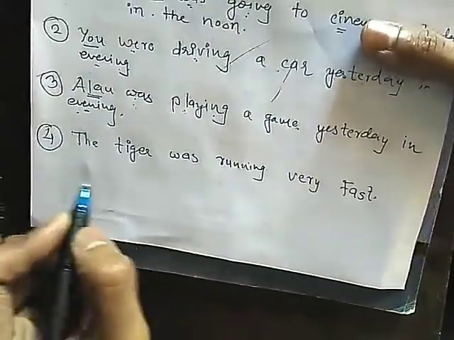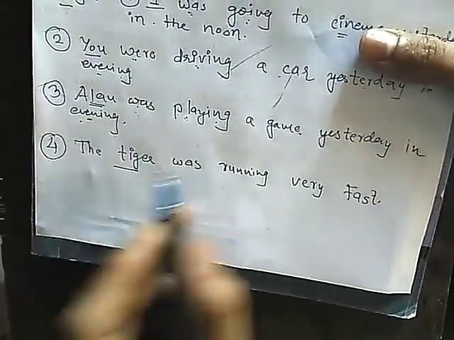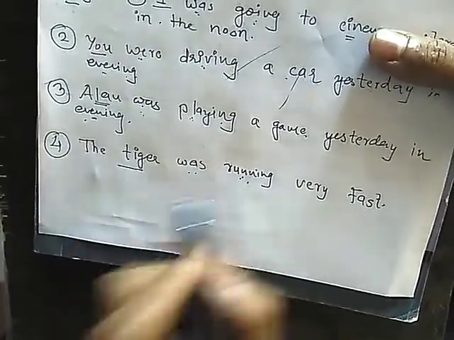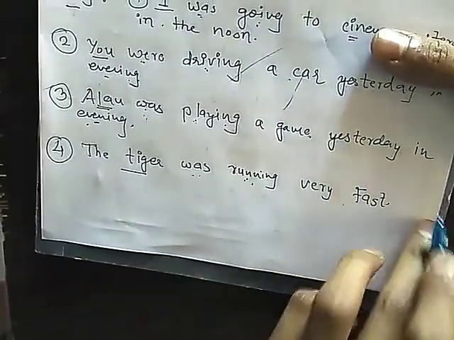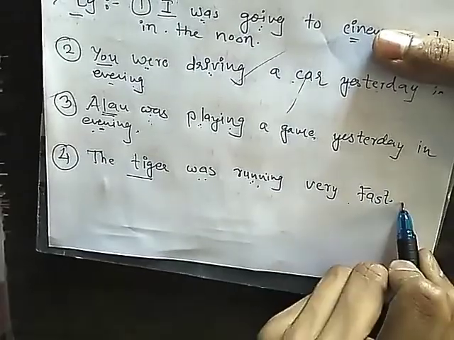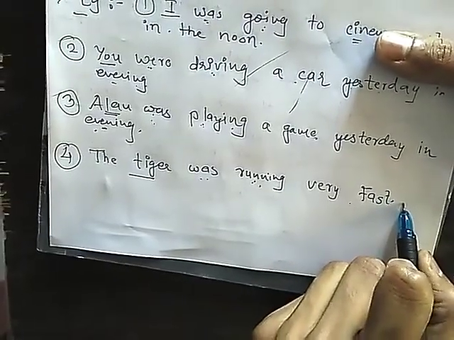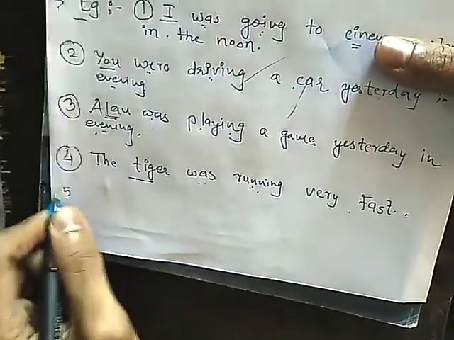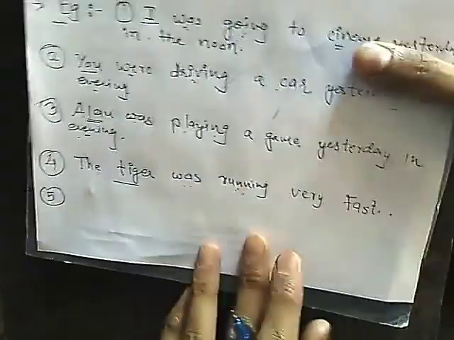So here your subject is the tiger, was plus verb with ing, was running very fast. Now here in this sentence you can see that there is no use of the suggestive words. That is okay, it is not necessary to use those words every time.